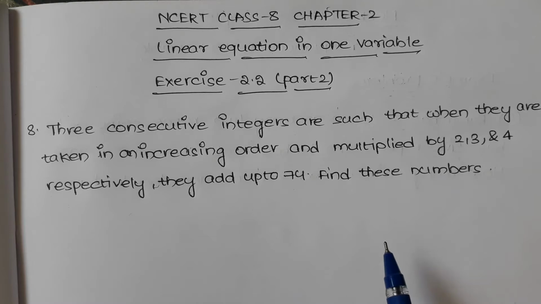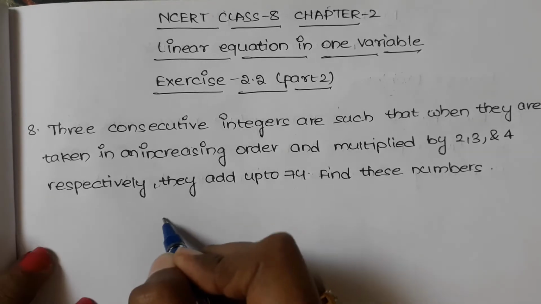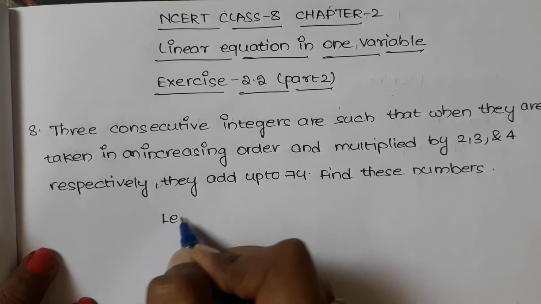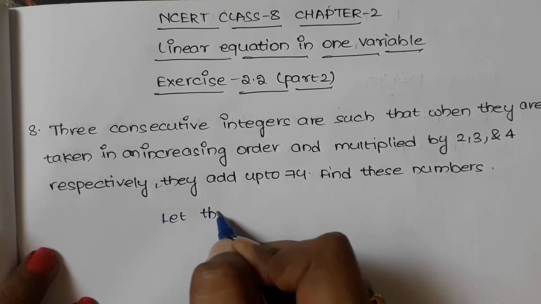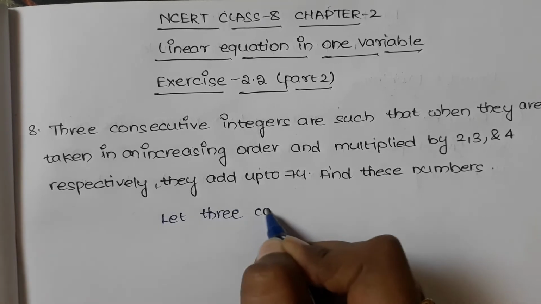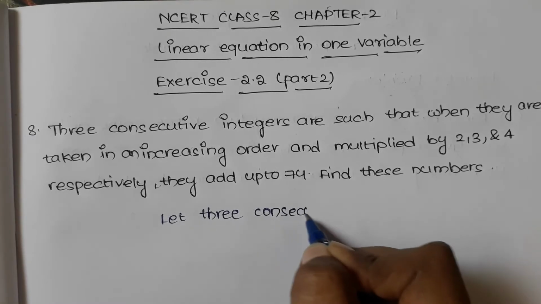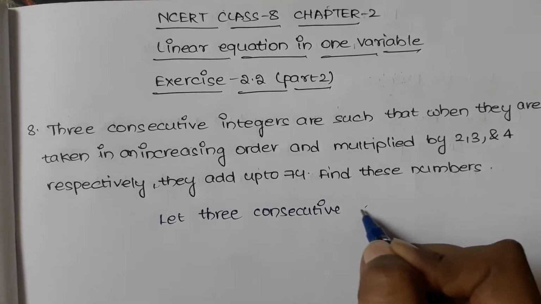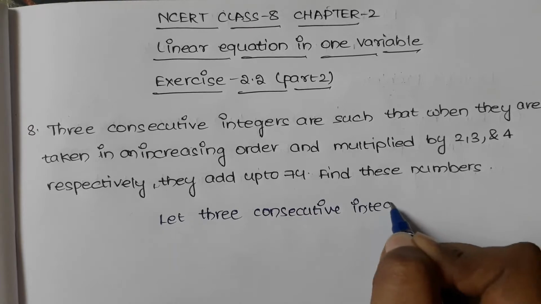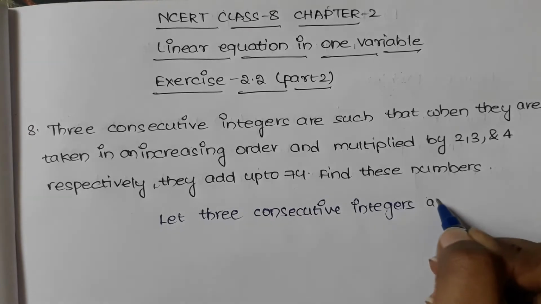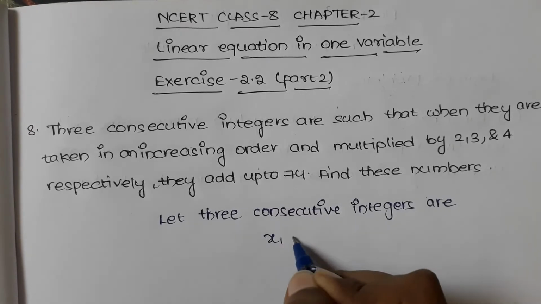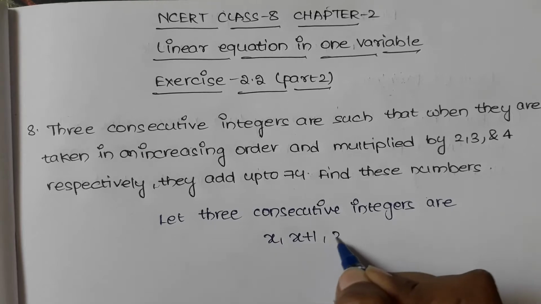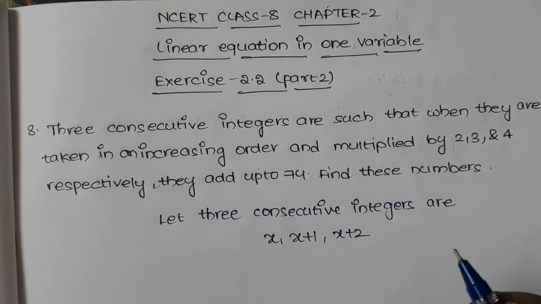Now here let us assume three consecutive integers are x, x plus 1, x plus 2.